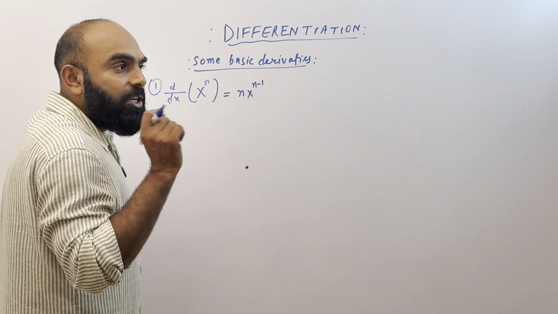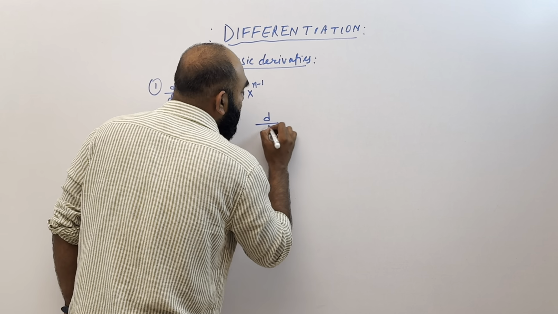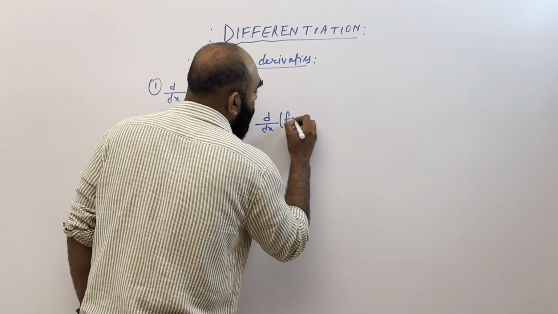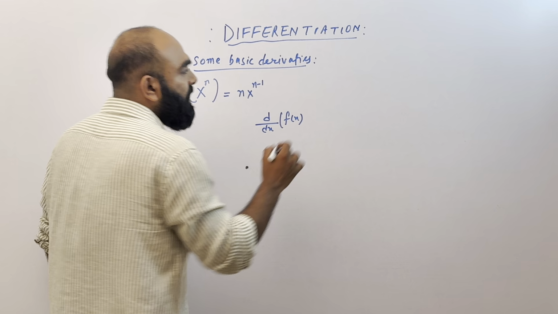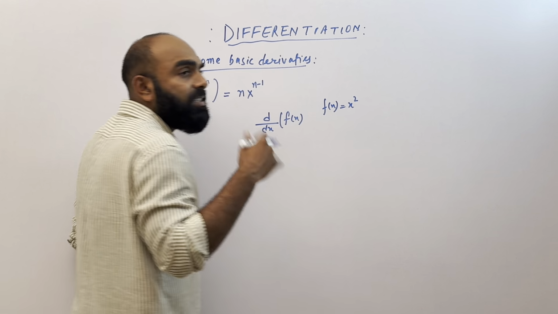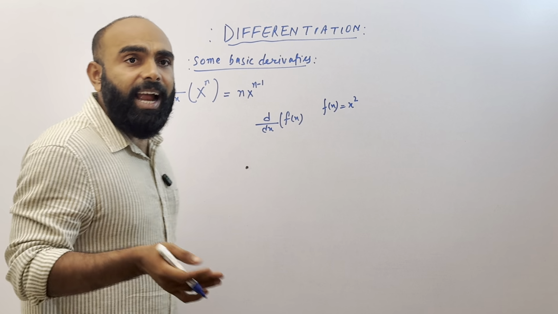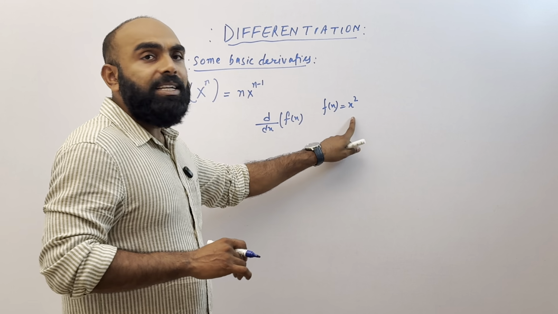One more thing I want to explain to you. If I am writing d by dx of f of x, I have a function f of x. This f of x can be anything like x square, x cube, sin x, cot x, tan x, any function. Here the variable is x only.